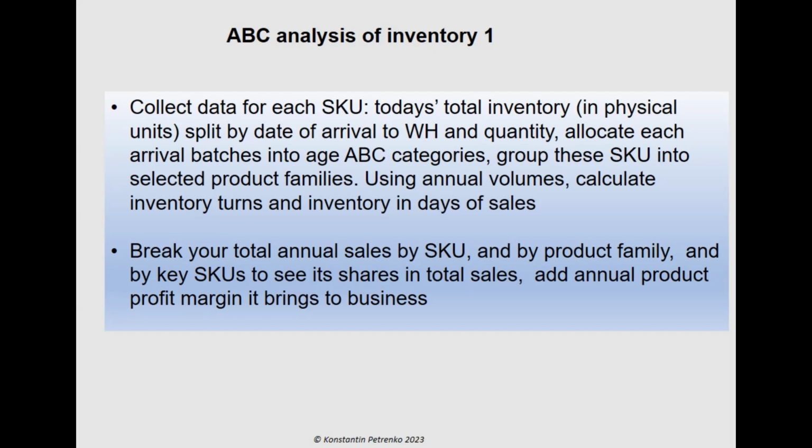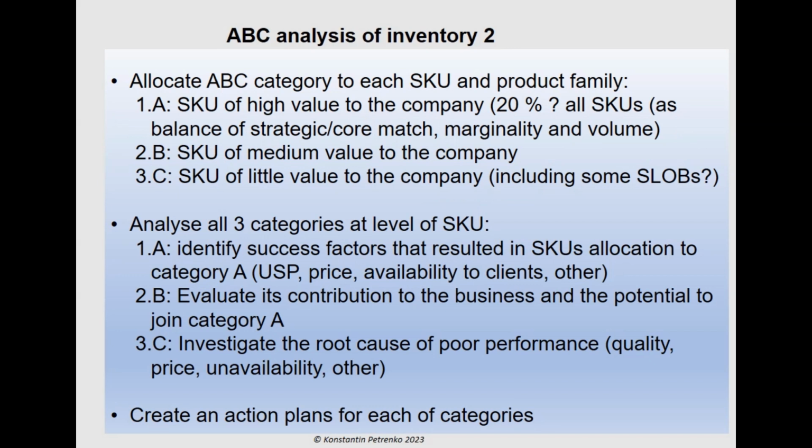Next, break your annual sales by SKU, by product family and by key SKUs, and by the product's annual profit margin it delivers. Now, make your SKU ABC allocation accordingly to the volume of sales and profit margin that each SKU contributes to your business.